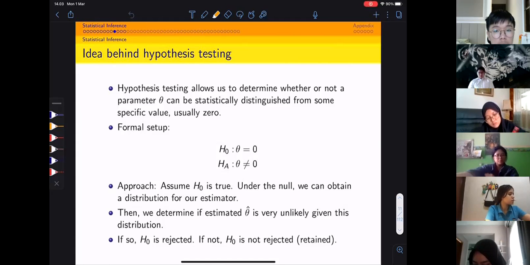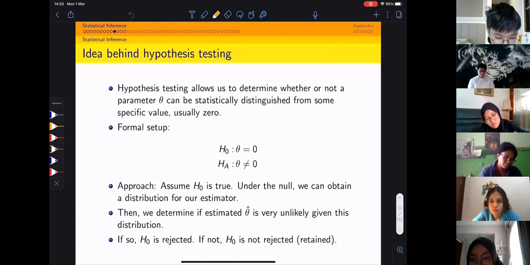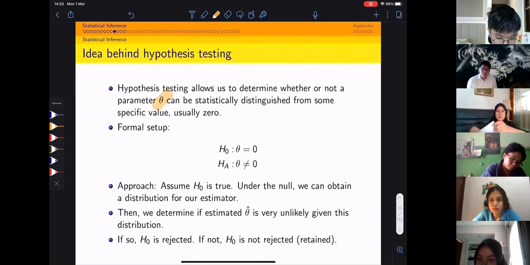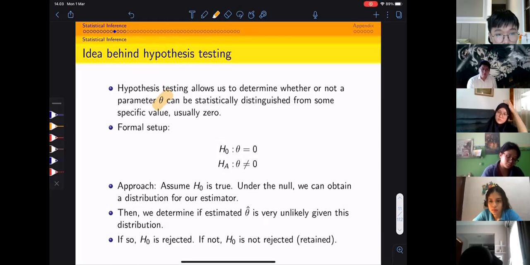What do we want to know from hypothesis testing? We want to determine whether a specific parameter, which for illustration I'm going to call theta rather than beta, can be statistically distinguished from some specific value.